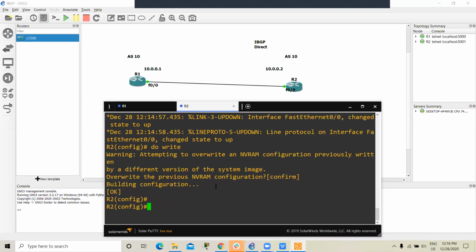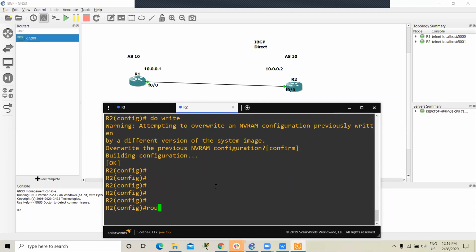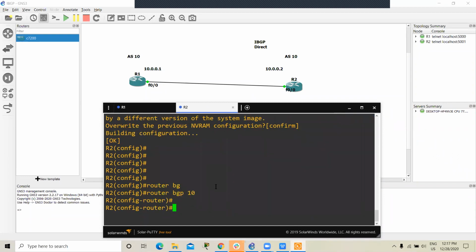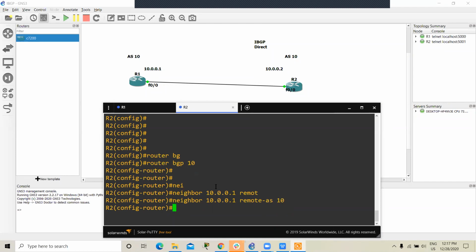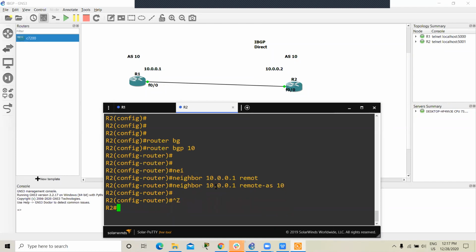Router BGP 10, neighbor 10.0.0.1, remote AS 10. And exit.